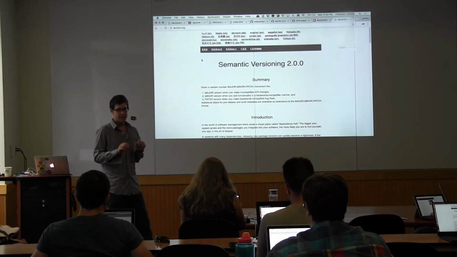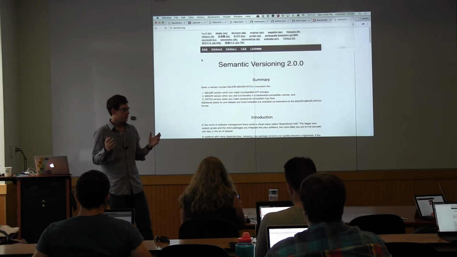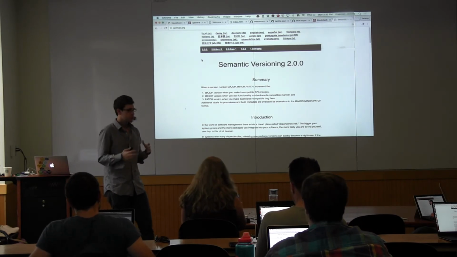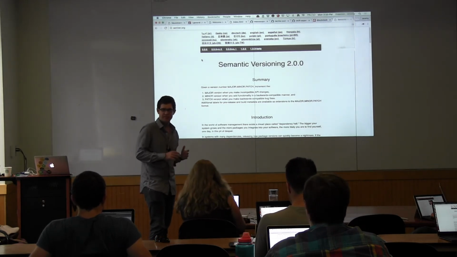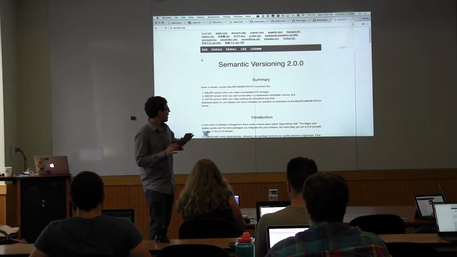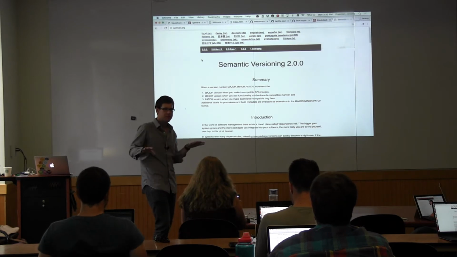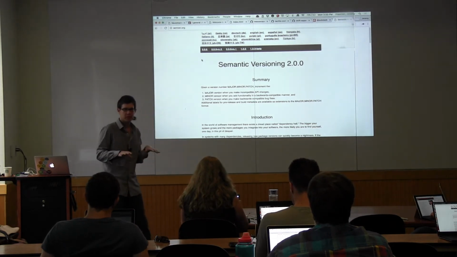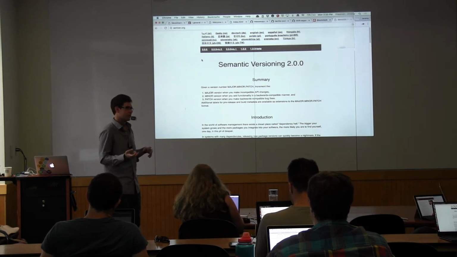By that I mean anyone who has read your README and based on that comes out knowing how to interface with your module, what inputs to give it, what outputs to expect, what the methods are. That's the simplest thing for most small modules. When they see that third number change, they can still keep using the module exactly as they were before, and nothing in their code should break. So we sometimes call that a patch change or a bug fix.